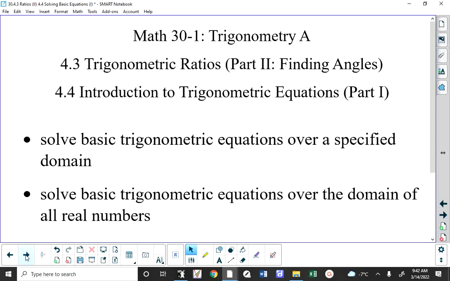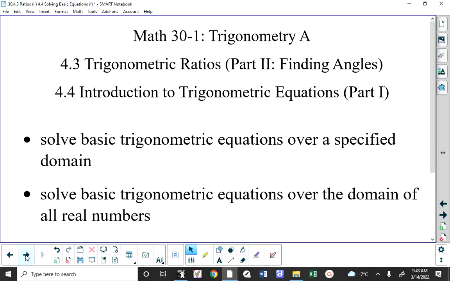There's not 2 different topics here. What we're doing is finding angles or solving equations. In 4.3, they call it finding angles. In 4.4, they call it solving equations. But when you're solving a trigonometric equation, you're finding an angle. So we're going to be solving trigonometric equations.